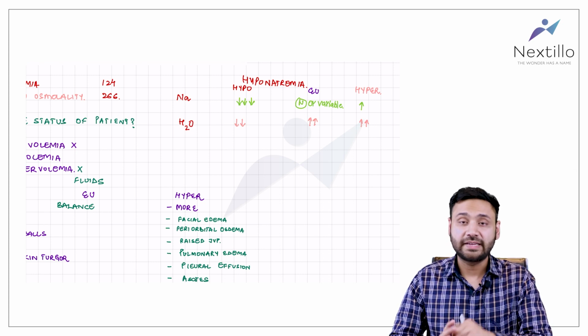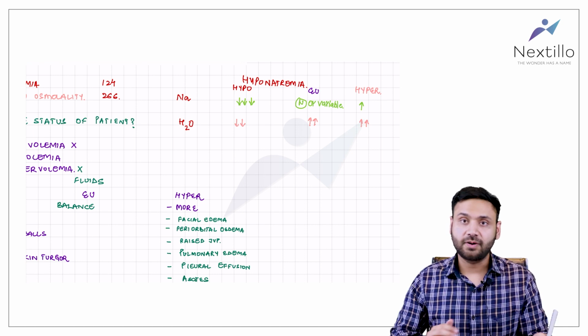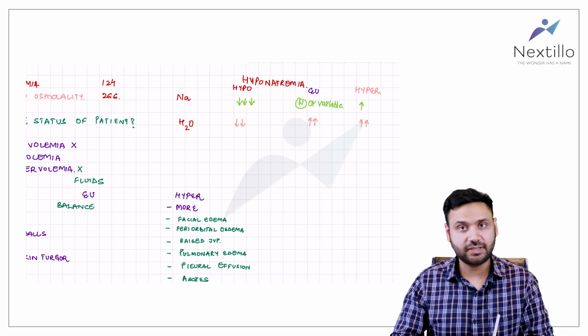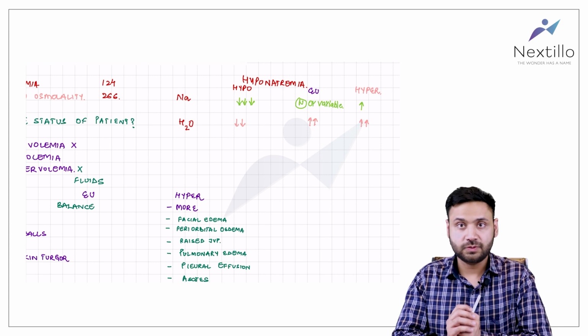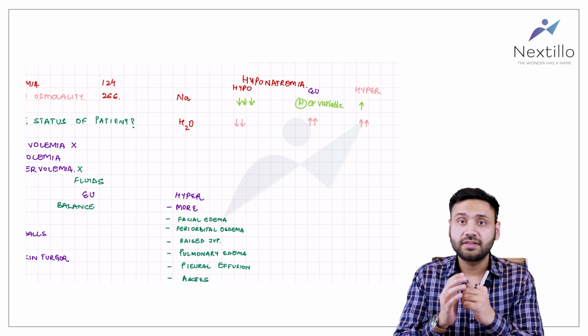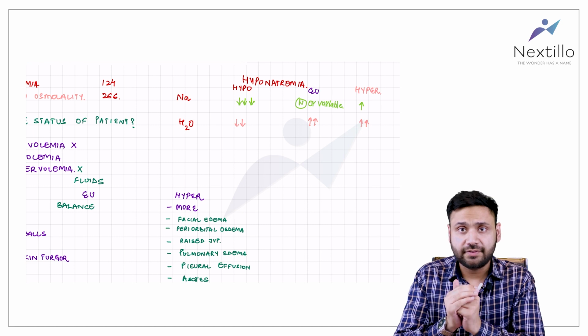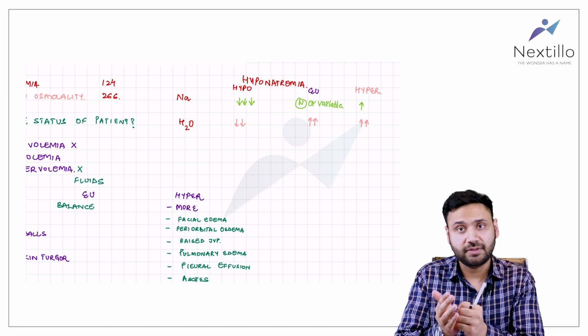So I hope everyone understood this. So let's recap all these three volume states in hyponatremia. In hypovolemia, if there is hyponatremia, the amount of sodium is much less. That is why there is hyponatremia.